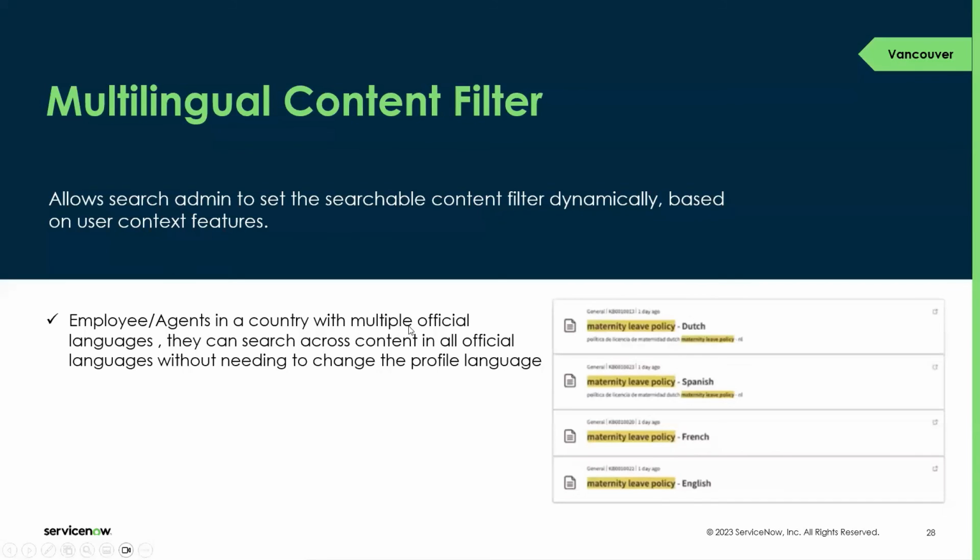So end users can search keywords and the results will come in all the different languages. If you have a KB document in three different languages and the user is from a country where three official languages are allowed, then the user can see the same document in those three languages. So country-specific language results are allowed now in Vancouver.